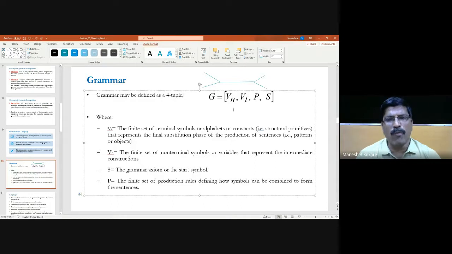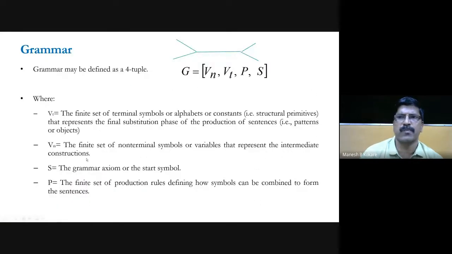So VT is the finite set of terminal symbols or alphabets or constants, that is, the structural primitives that represent the final substitution phase of the production of sentences, that is, patterns or objects. But while obtaining the language of this class, we have to substitute with the help of production rules, and for that we need a set of non-terminal symbols, like capital A, capital B, and so on, or variables that represent the intermediate construction.